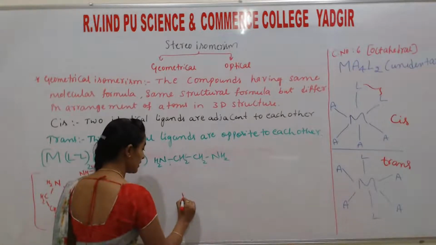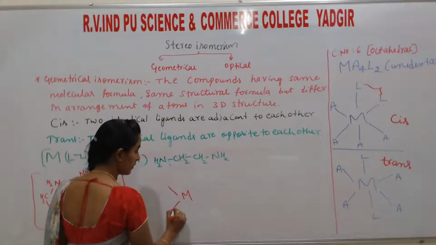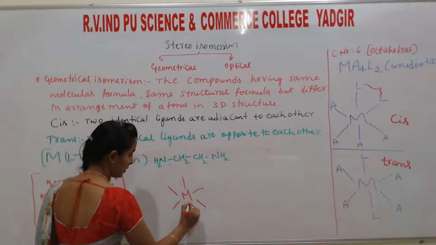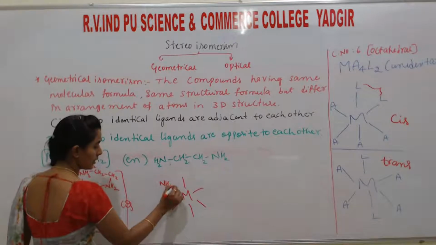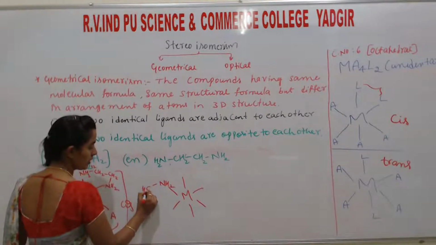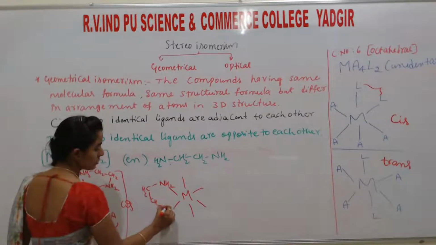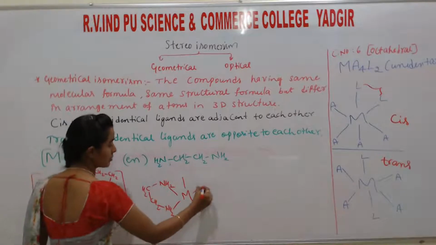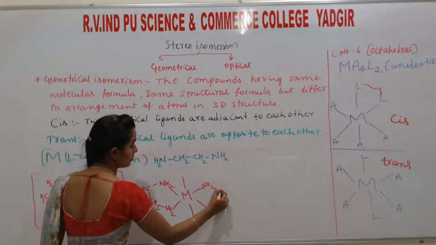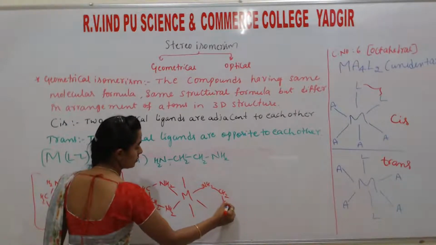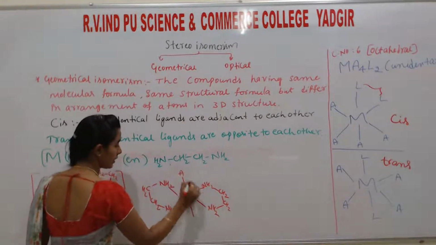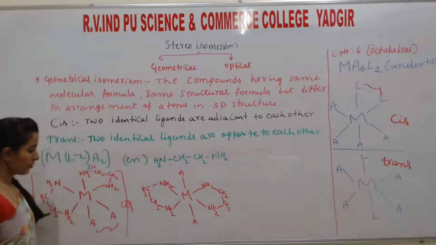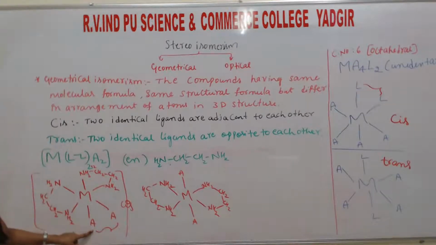Here you consider M with this form. This may be written as NH2, CH2, CH2, NH2. Here NH2, CH2, CH2, NH2. Here A, here A. If the two identical ligands are adjacent to each other, then they form a cis structure.